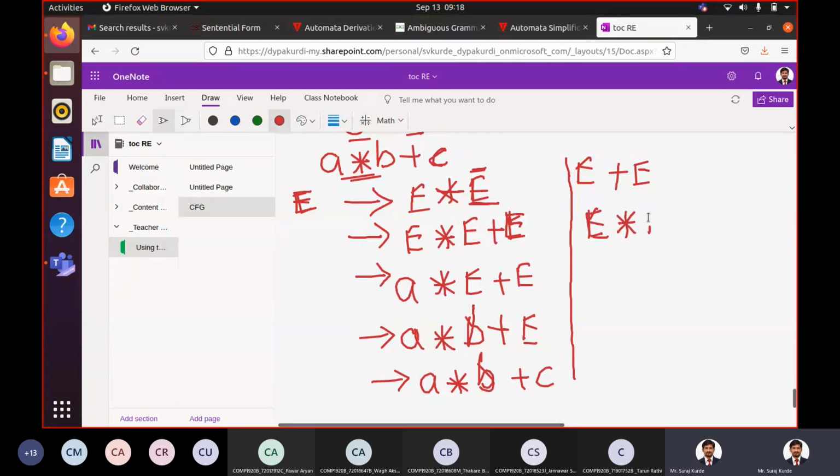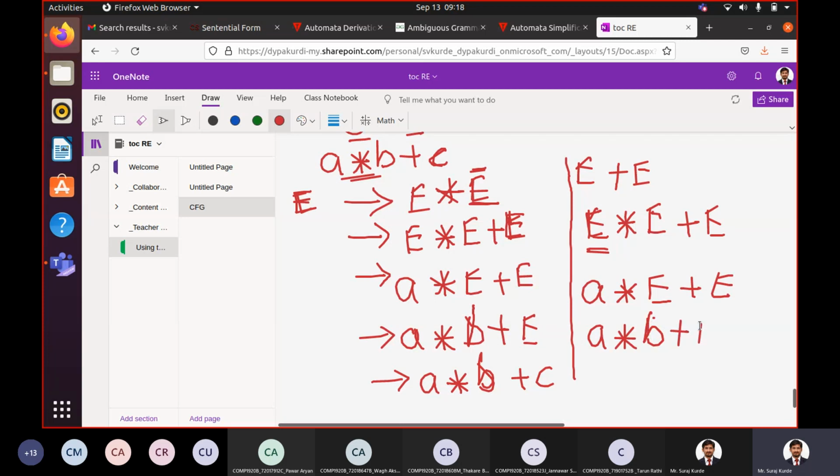In the same way, the second can be used. E into E plus E. Now I can expand this one: A into E plus E, A into B plus E, then A into B plus C. So here you can see that we have two derivations, leftmost and rightmost.